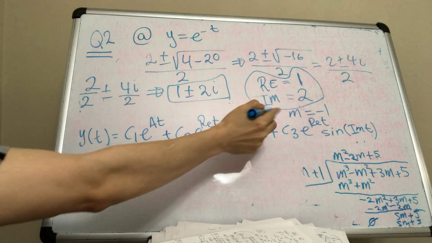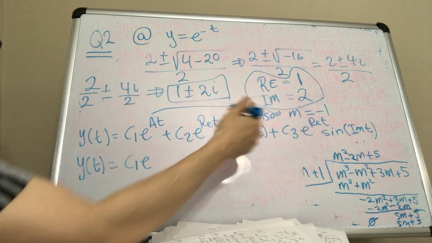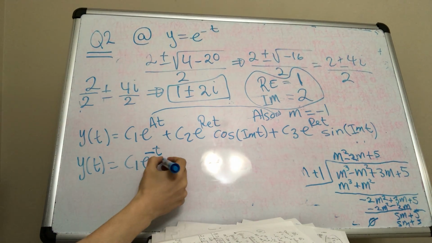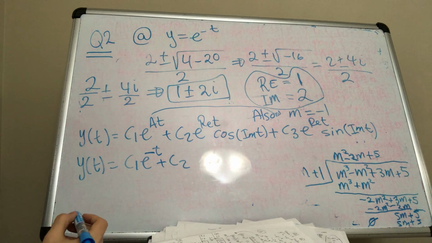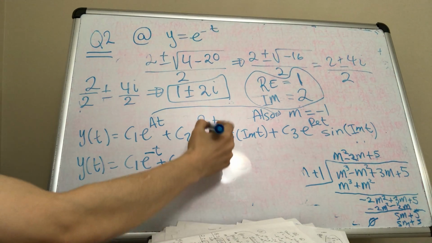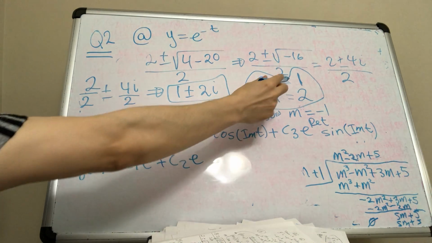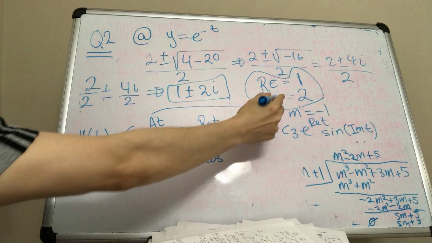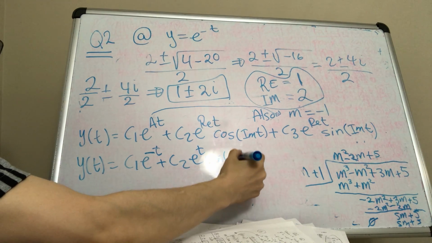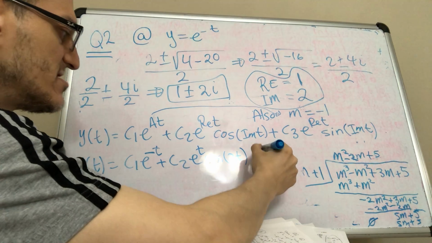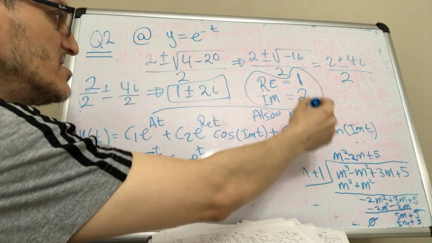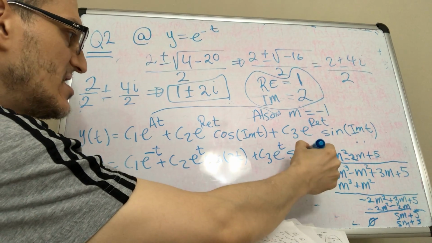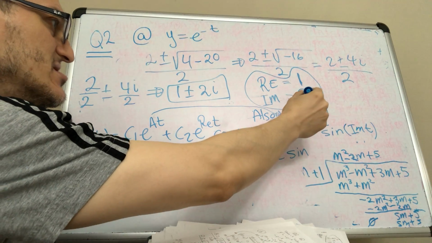The first one is the real number by itself, so you have minus t. C2, this one we go, real is 1, so that's e to the 1t, cosine 2t, plus C3 e to the 1t, and sine imaginary 2t.